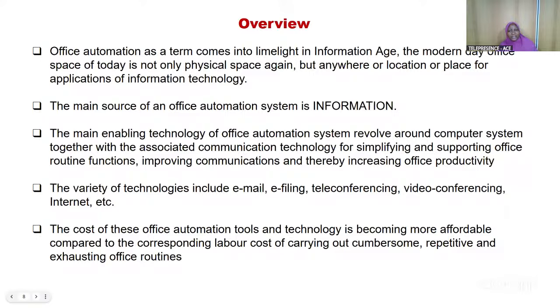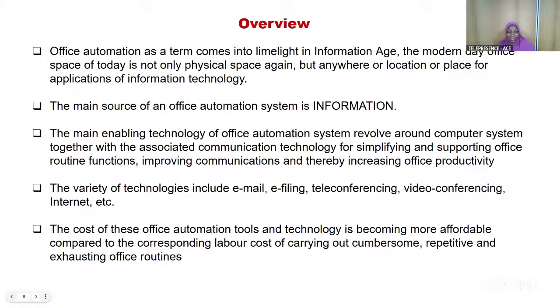But at the advent of office automation, we know that it could be anywhere, any place, once you have the application of technology. But the office as it is, the basic source is the information. By now, you know what information is. When you have your data and you are able to derive and inform data from it, that informed data is called information.